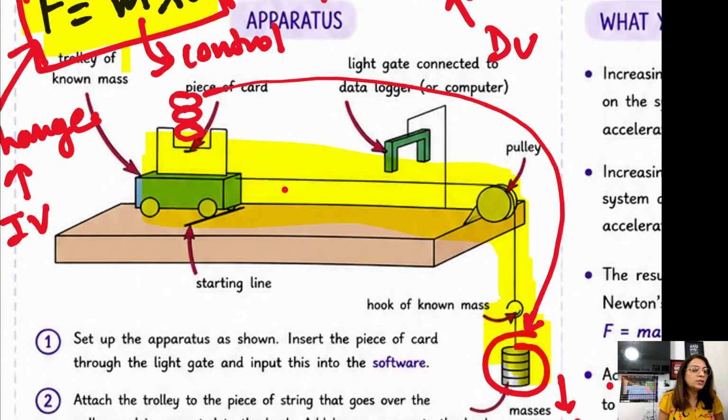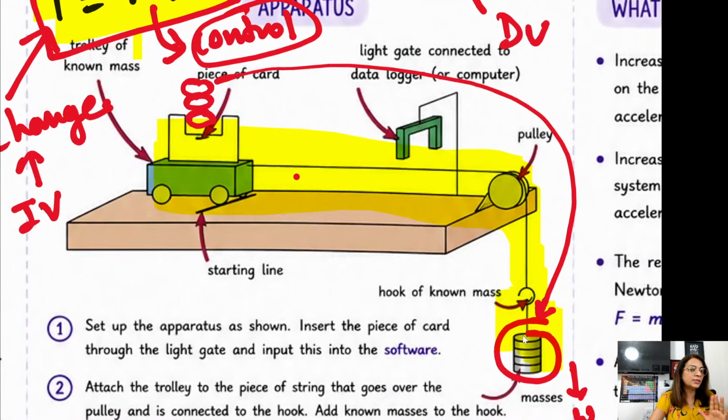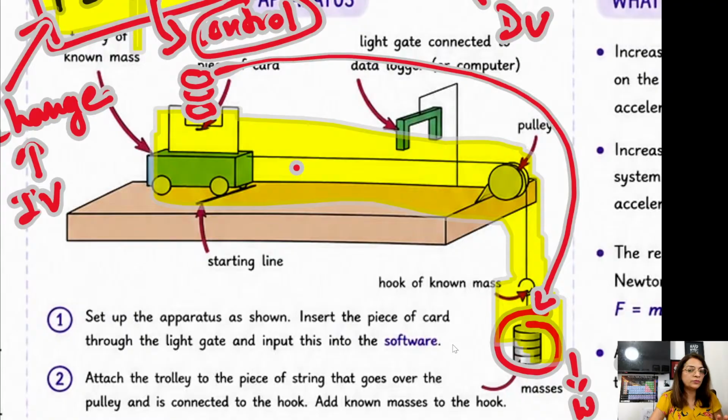In this way the mass will be constant, because the yellow system that I have highlighted is the whole system, and you don't want to change the mass because that's your control variable, remember? Perfect. So this is how we control the mass, so we are not messing up the practical.